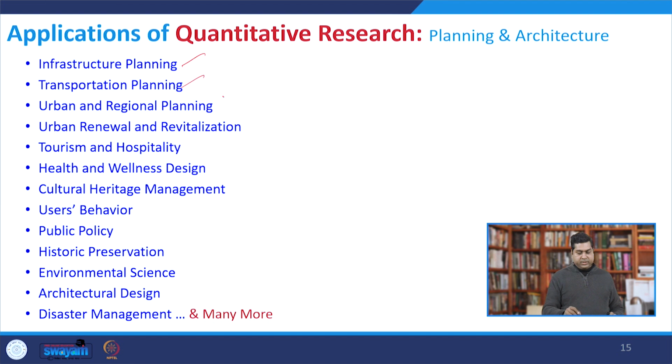Infrastructure planning, transportation planning, urban and regional planning, urban renewal and revitalization, tourism and hospitality, health and wellness design, cultural heritage management, user behavior, public policy and its impact, historical preservation, environmental science, architectural design, different types of building performance, disaster management, and many more. We cannot simply confine it to 20 areas or so. It can be applied anywhere where we want to measure something through numerical data.